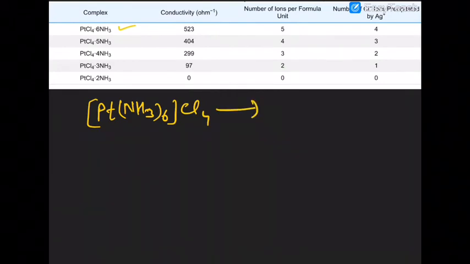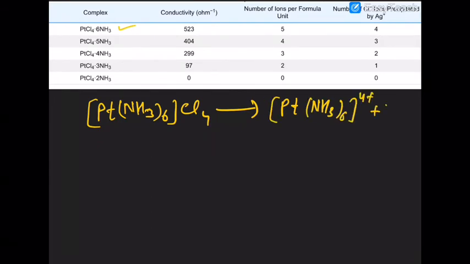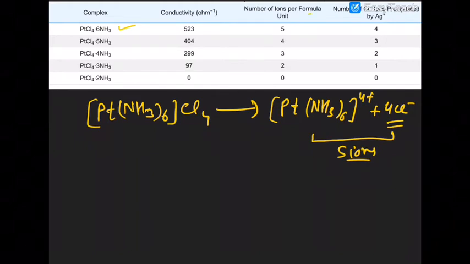When you dissolve it, you are able to get a species like that. There will be 5 ions in total. The number of ions per unit formula is 5: 1 cation and 4 anions.